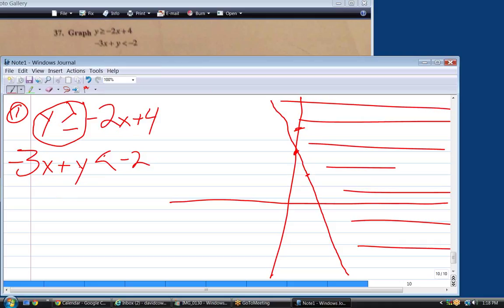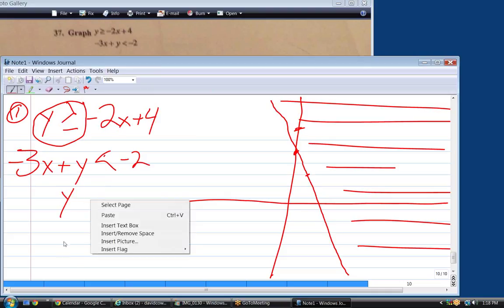So what's the next line? It would be y is greater than. Oh, you flip it. Less than. Oh, sorry. Don't flip it. Remember, you only flip it if you are multiplying or dividing by a negative number. Never when you're adding or subtracting.